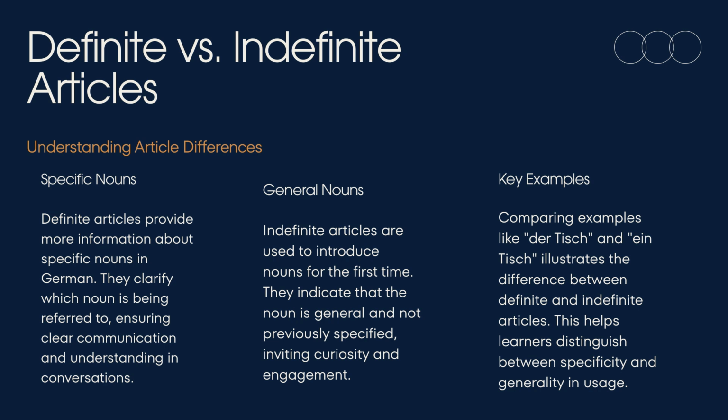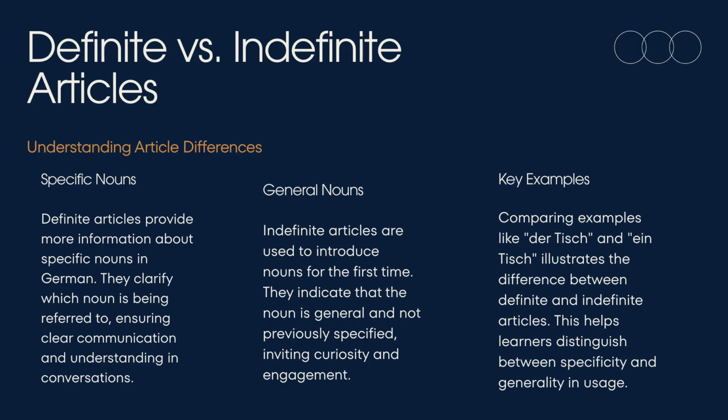Example: das ist ein Mann. Then we say der Mann ist groß. We used the indefinite article ein to introduce a man for the first time, then the definite article to provide more information about the same noun.